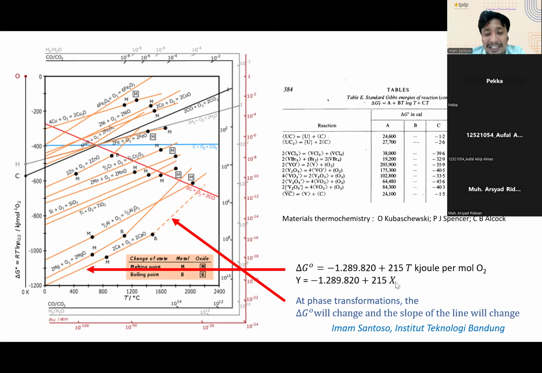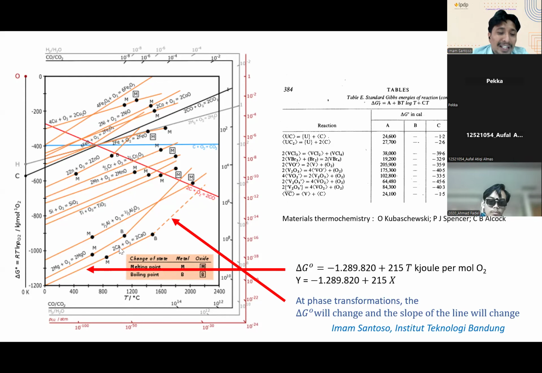And the line is a straight line. And after the boiling point, M is the melting point. I mean, what melts here, calcium or CaO? Here, the one that melts is the metal. The melting point of calcium is around 800 something, and then the calcium will boil at close to 1600.